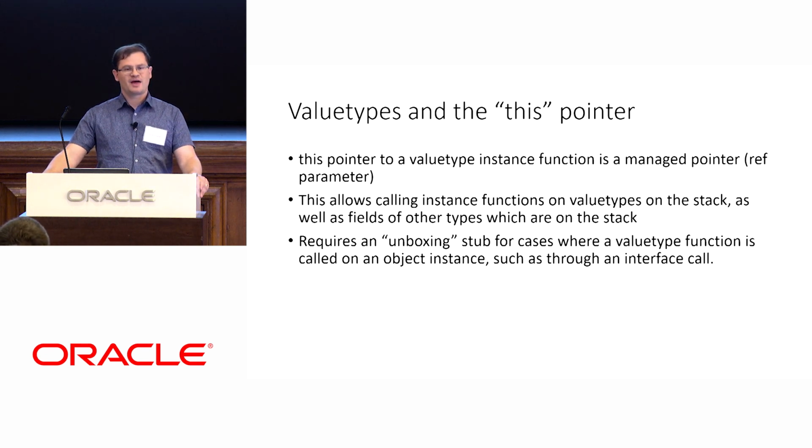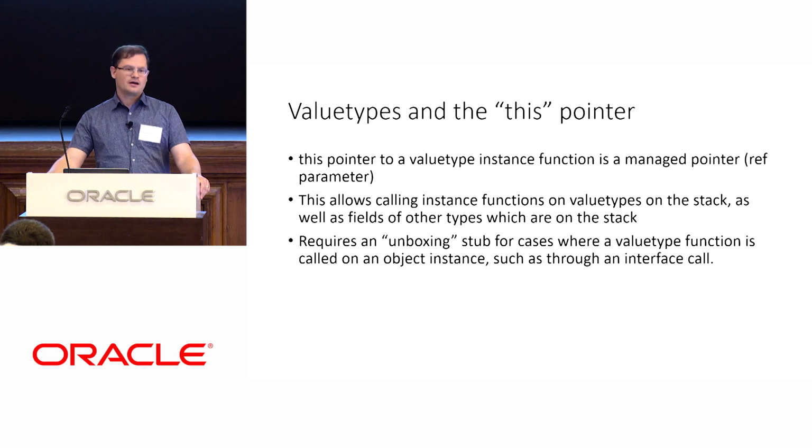Because that first parameter is a managed pointer and not an object reference, it may not actually point at the same location in memory. In .NET, objects have a header, and then there's the data that follows them. But a managed pointer to a value type simply points at the data. There's this distinction between object references and managed pointers to the data of a value type.